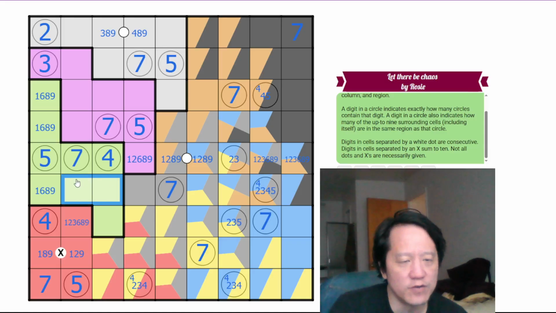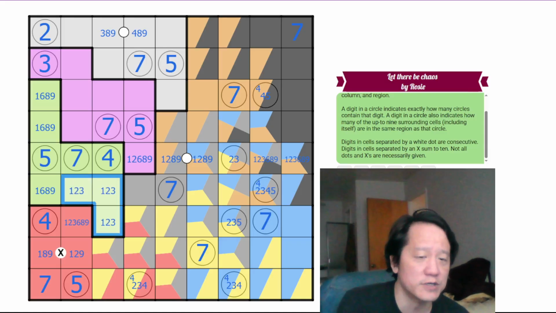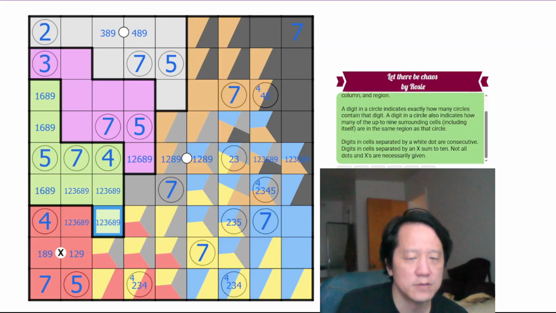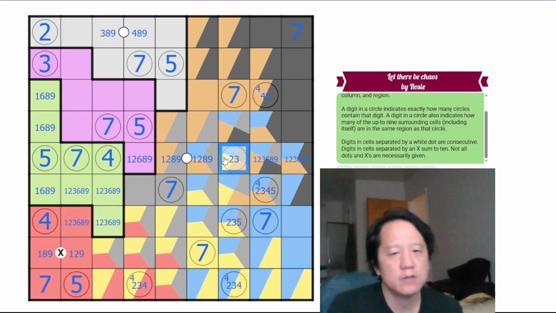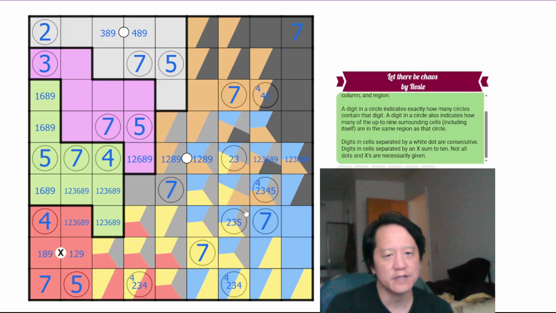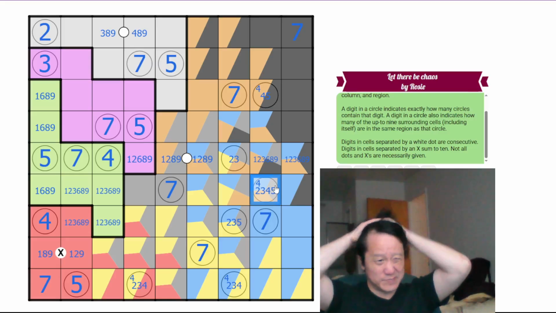Remaining digits of green are 1, 2, 3, 6, 8, 9. Okay. It's unlikely that these are 2, but it's still possible, right?